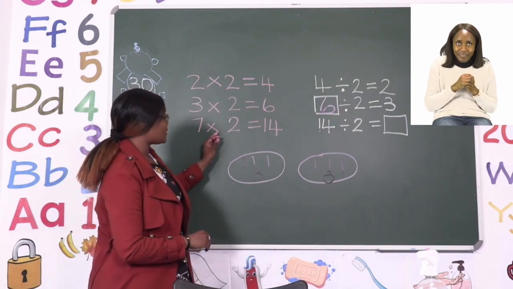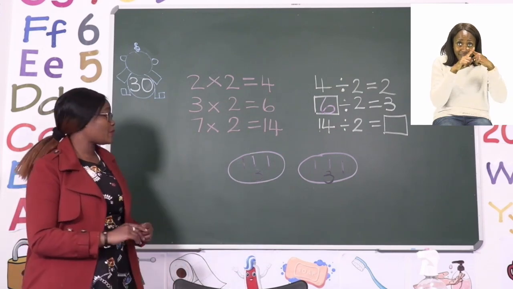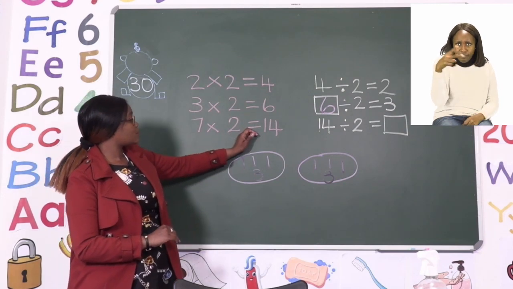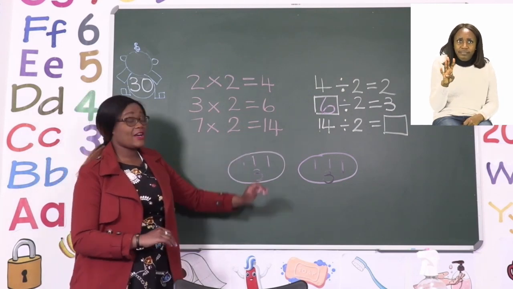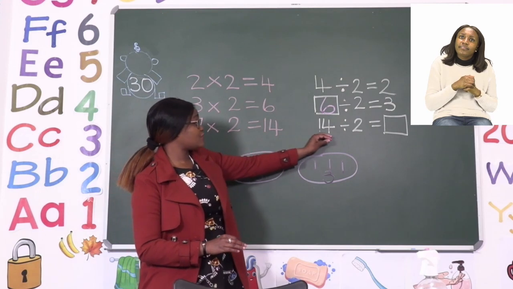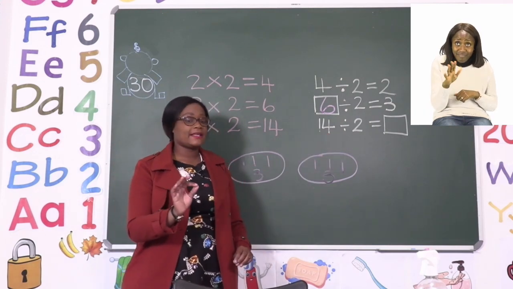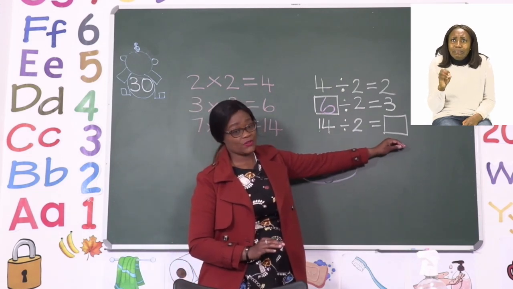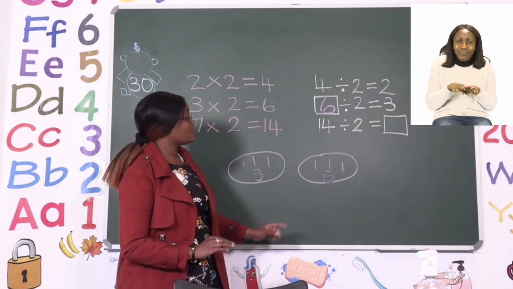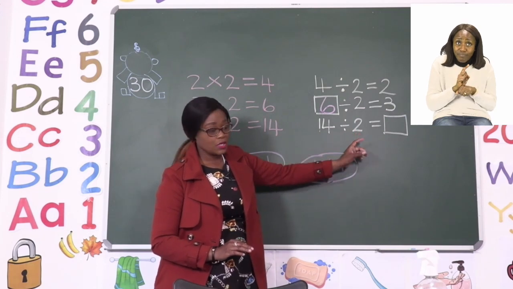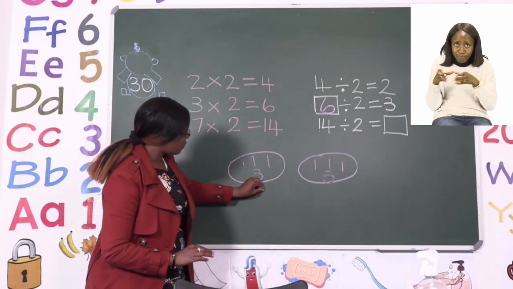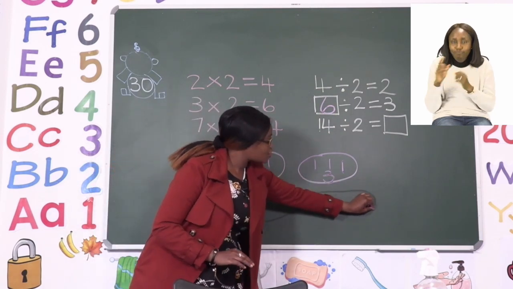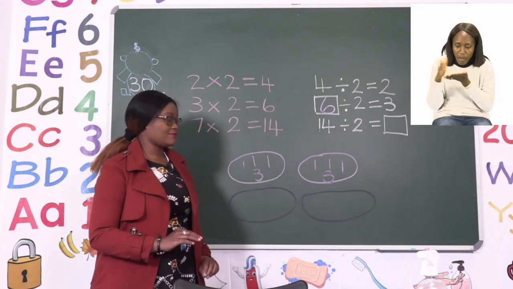Now, let's try on the other side where we go a little bit lower and we have 7 times 2 equals 14. Now, they've already given us the 14 to use for our division, but now what we have to do is find our missing number in the box. So, we need to first draw two bundles or 2 blocks where we're going to put 14 things and share them equally.